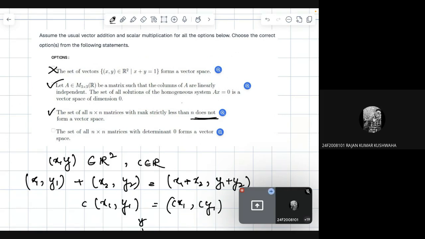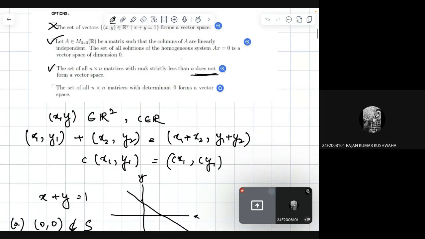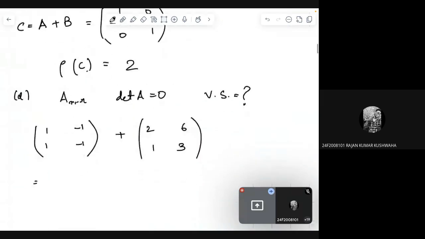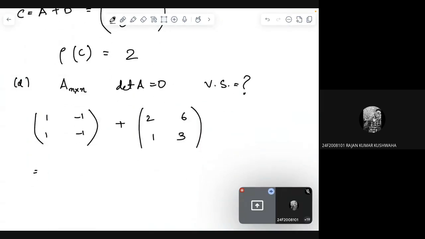All right, so moving on to the next option, the set of all n by n matrices with determinant 0 forms a vector space. Similarly, to show something is a vector space, we have to take, yes, the addition rule fails. Yes, in the last option also we showed that the addition rule fails. We have taken two matrices for the 2 by 2 case.